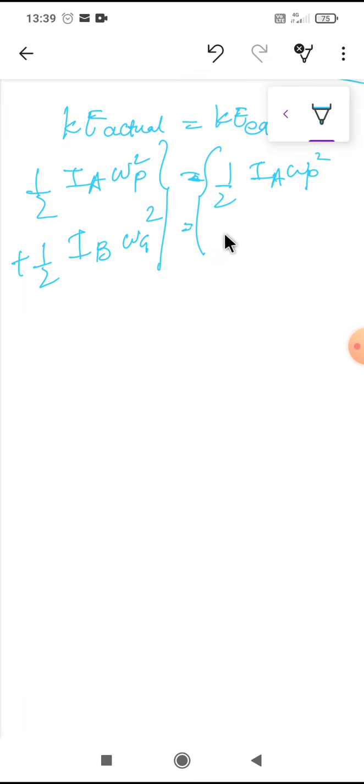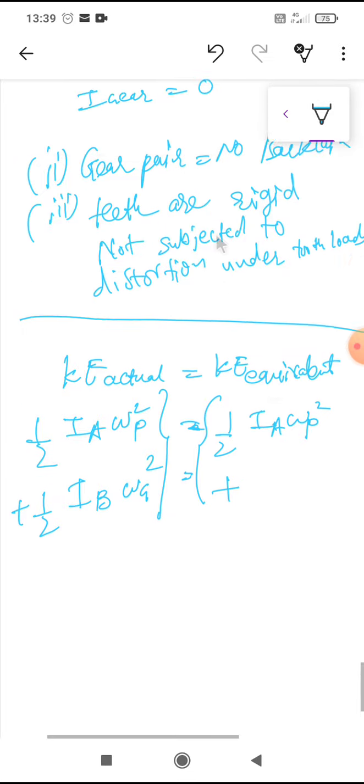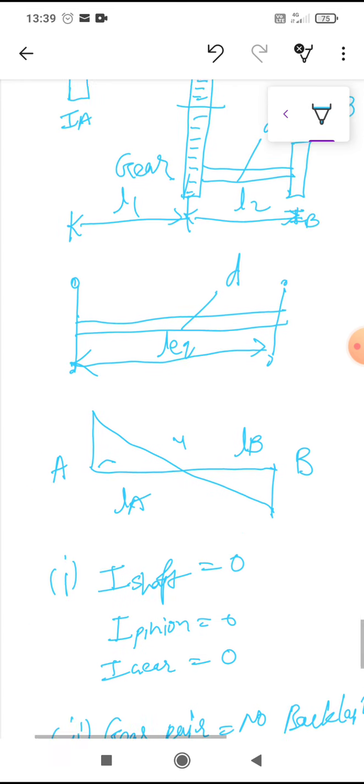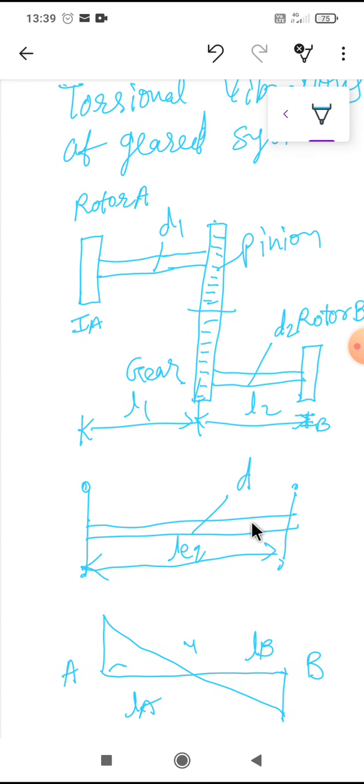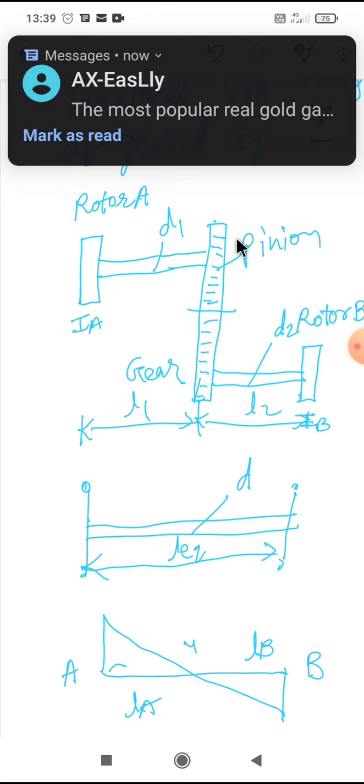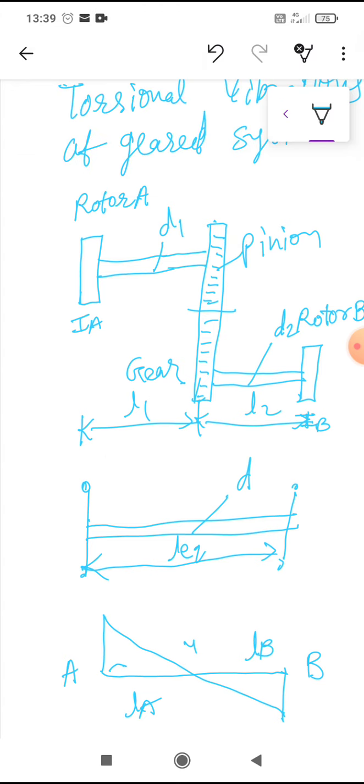Now the second rotor. As this is an equivalent system, they are on the same shaft, so the speed of both rotors will be the same. In the actual system it will not be the case, because the speed transfer depends on the number of teeth and the diameter of the pinion and gear.